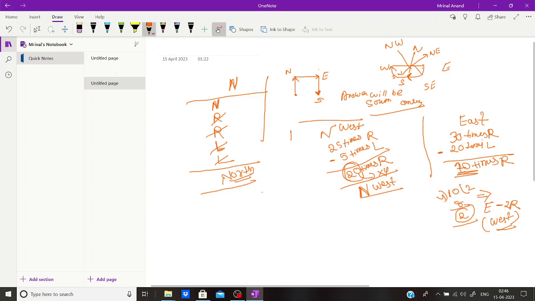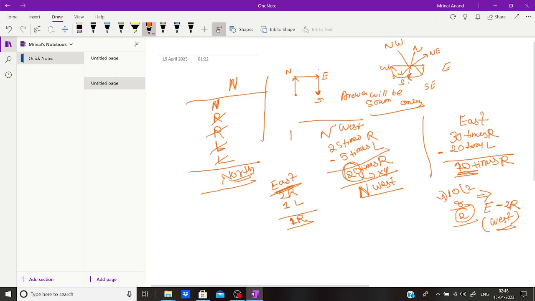Let us take one more example. Suppose you are facing towards the east and you have taken 2 right and 1 left. That means 1 right you have to take from this east direction.